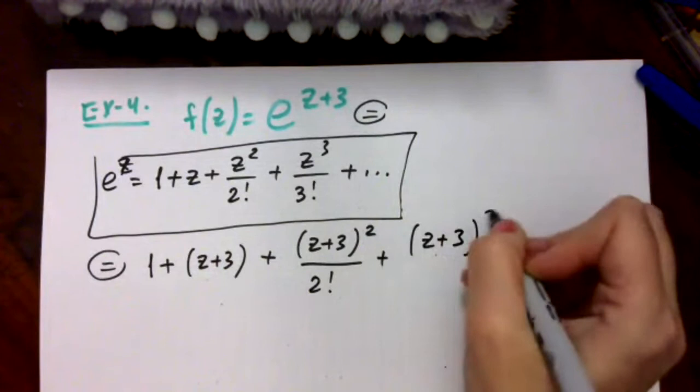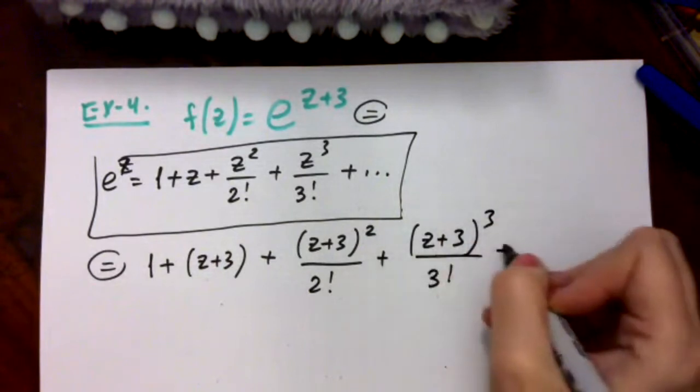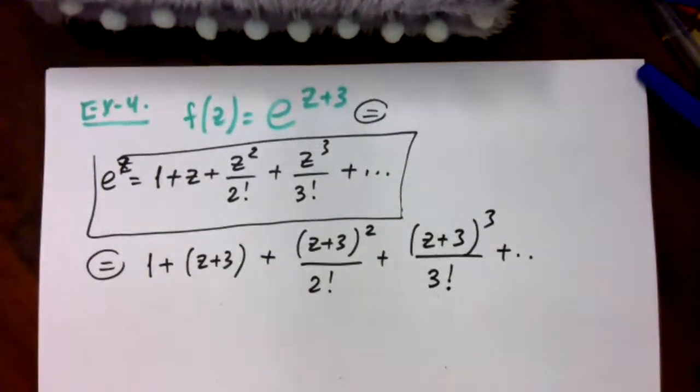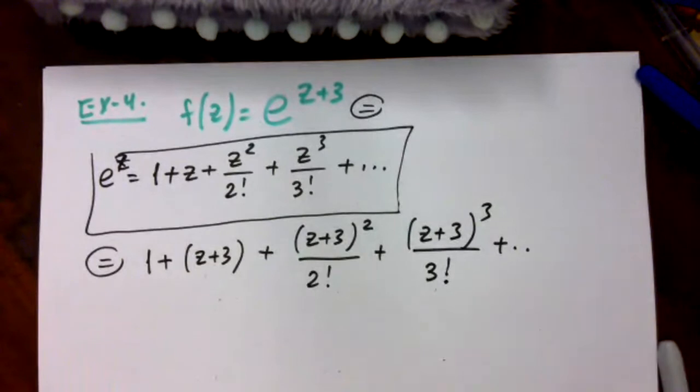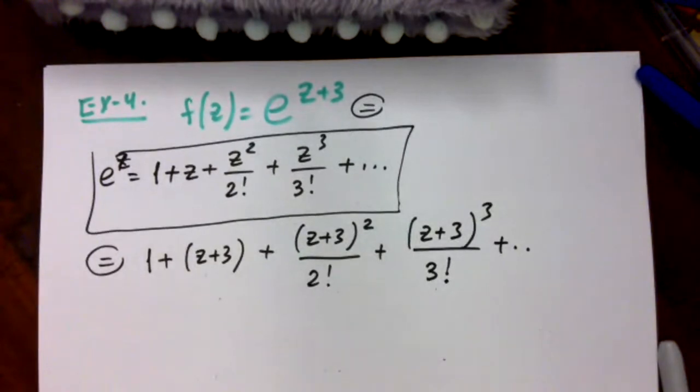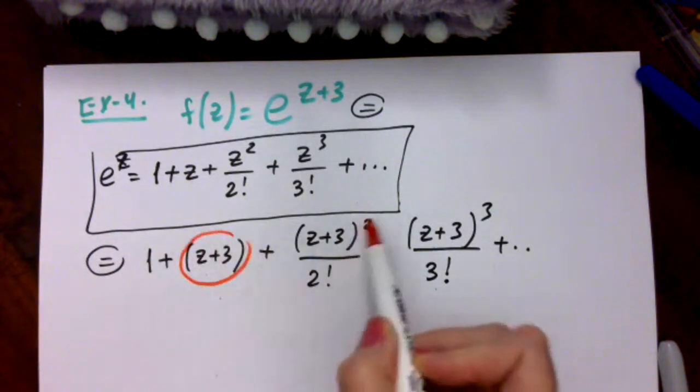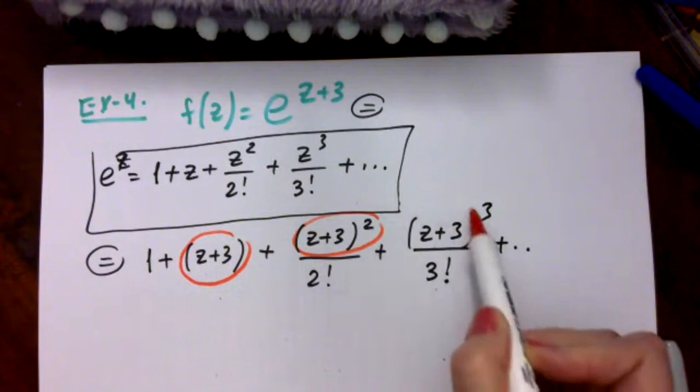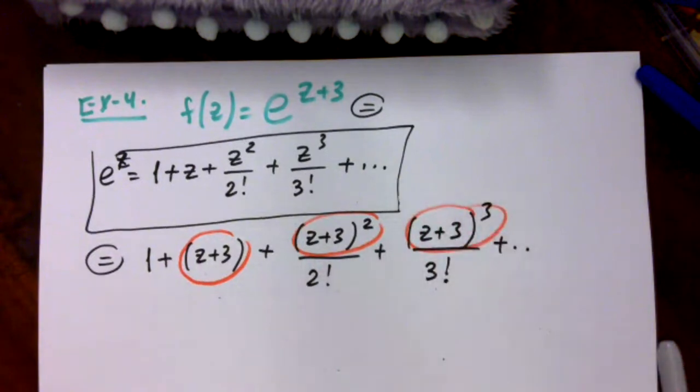Some people might think this result looks quite nice, like a very beautiful, quite decent Laurent expansion. But did we achieve our goal? Look at how z appears. Z appears always as z plus 3 in some power. What does it mean?